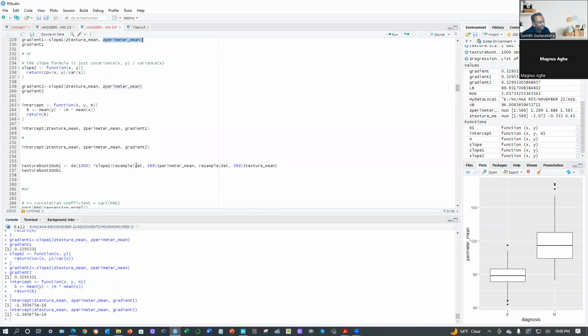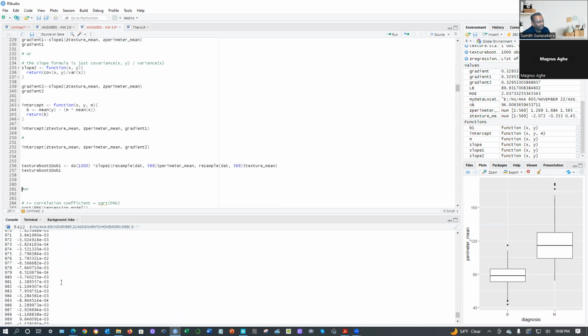Then go to the resample. If you're going to resample data through this one, you go to the perimeter mean, that's my X, and you resample. From that you do the texture. You resample and then get the perimeter mean, and then calculate the slope for each entry, with all the 569 entries, and then do that 1,000 times.